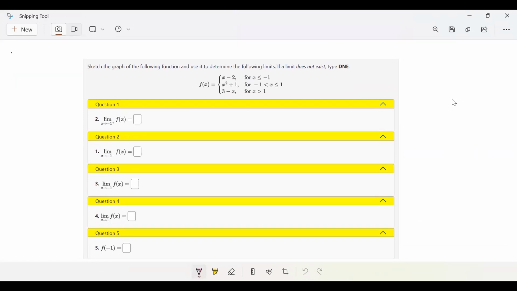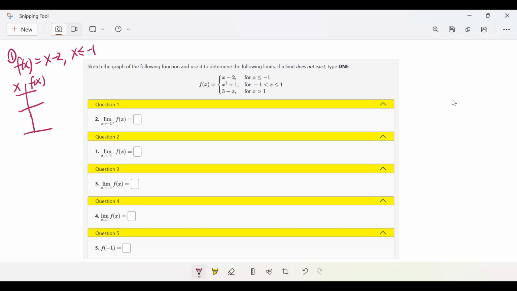Let's start with the first piece, which is f of x equal to x minus 2, and the domain is x less than or equal to -1. Because it's a straight line, or linear equation, you only need 2 ordered pairs. But we're going to include the endpoint here.